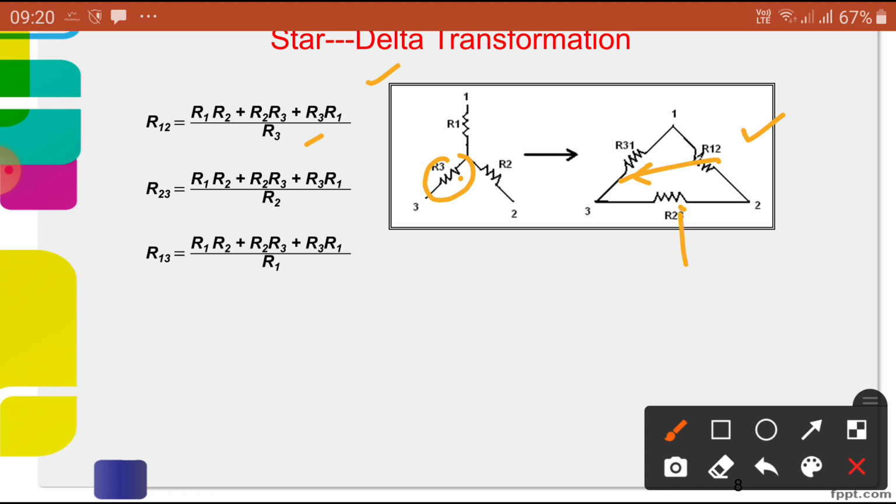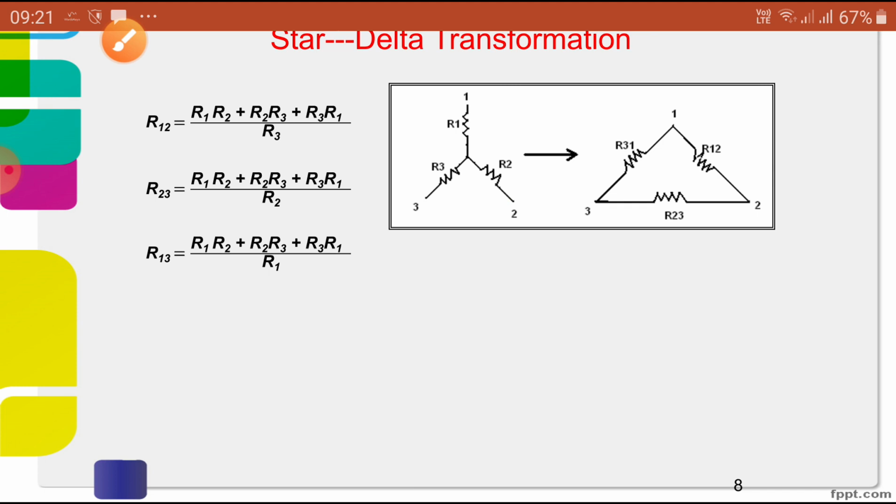Okay. I want this value, total value by opposite value. What is the opposite value? This value. Then I want to know the total value by opposite. What is the opposite? This is the opposite branch. This is the equation. Okay, and this is the conversion from star to delta.